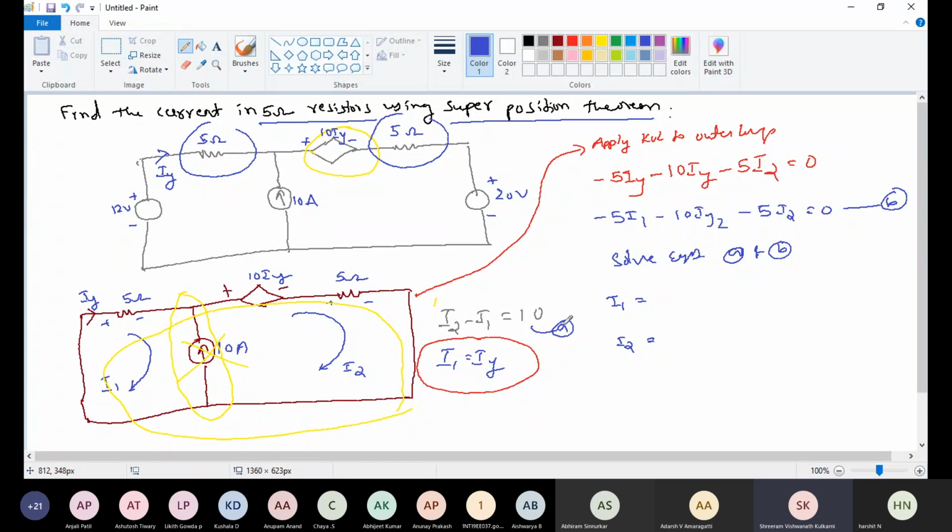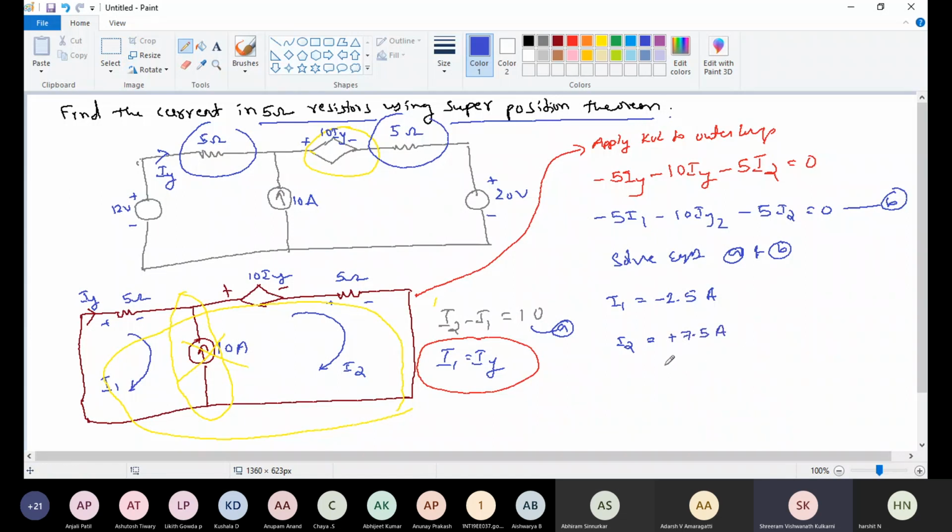Solve equation A and equation B. Okay, I will tell here. I1 I'll get as minus 2.5 ampere. Afterwards you can cross verify this one. I2 I got as plus 7.5 ampere.